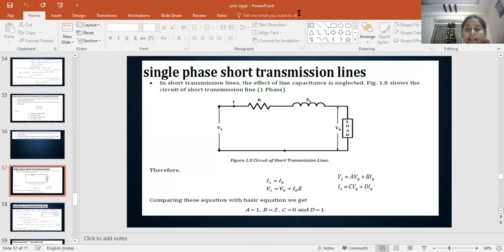We can get the values: A equal to 1, B equal to Z, C equal to 0, and D equal to 1.